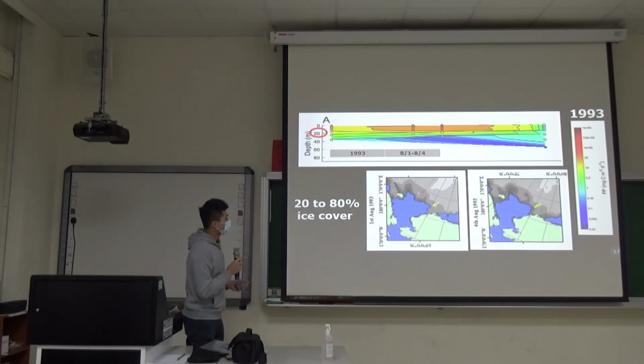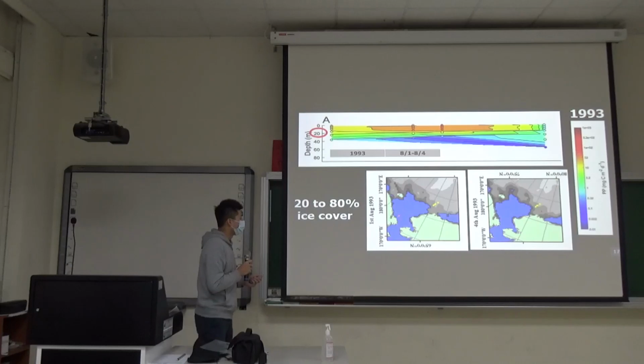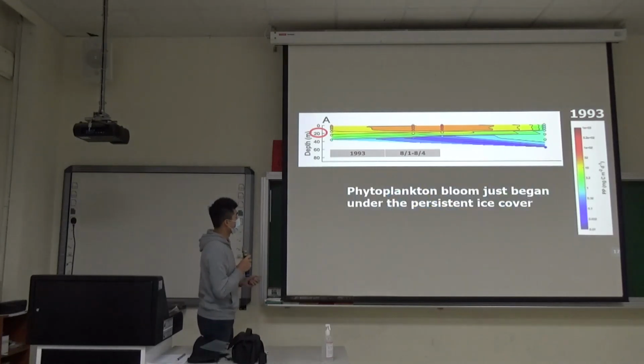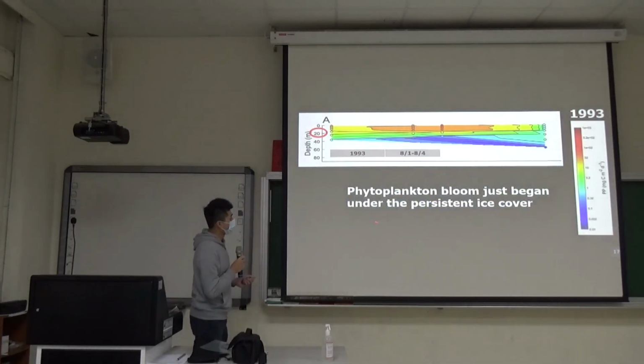And we can see in this satellite data, blue part is ocean, green part is land, and the gray part, if it gets darker, means less sea ice cover, and the yellow part is the sediment. And when we collected this data, we had almost 20 to 80% of ice cover. So we got the conclusion here in this plot. Phytoplankton bloom just begins under the persistent ice cover.